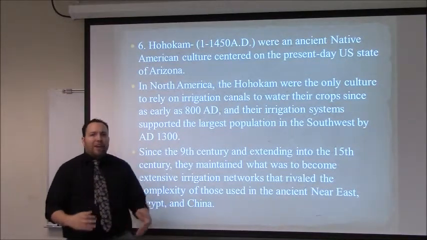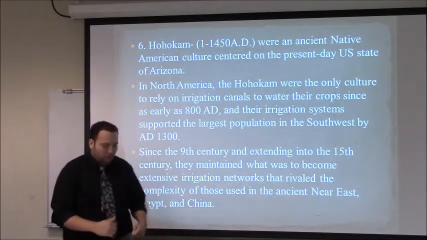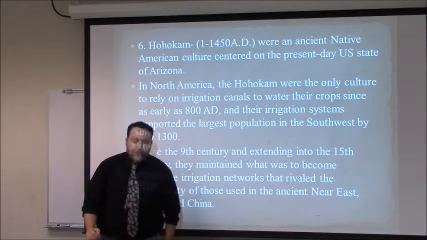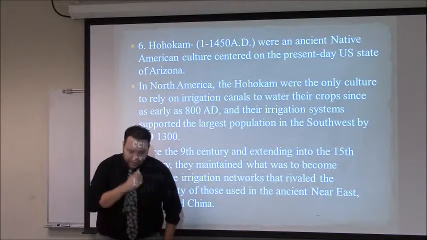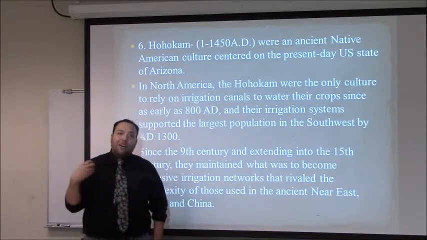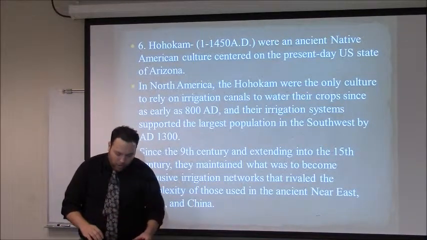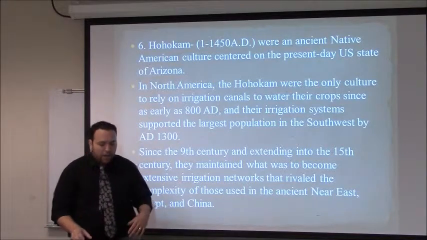Due to their agricultural prowess, their ability to manipulate crops, the Hohokam were also the first to cultivate various varieties of cotton, which, as you know, has been a staple crop in the United States ever since. Also of tobacco, maize, beans, and squash, as well as to harvest a wide variety of other plants.